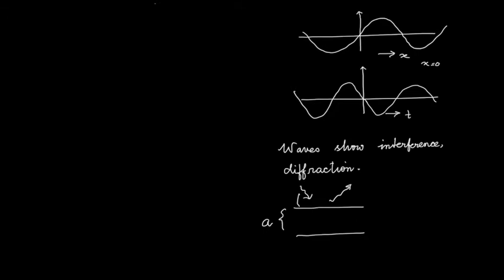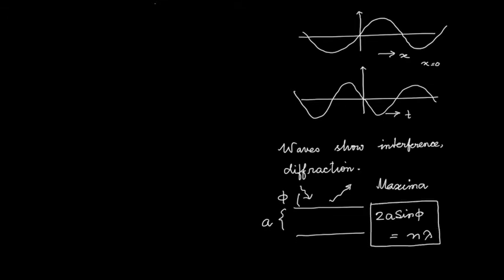If it is coming with a grazing angle, say, I'm already calling psi something, so this is phi, then the condition for maximum intensity is 2a sine phi equals n times lambda, where lambda is the wavelength of the wave. So this is a phenomenon of interference which happens only in waves.